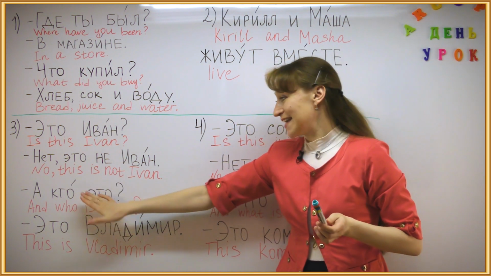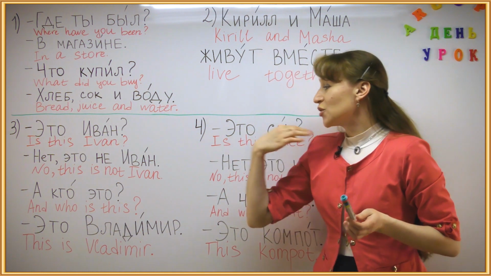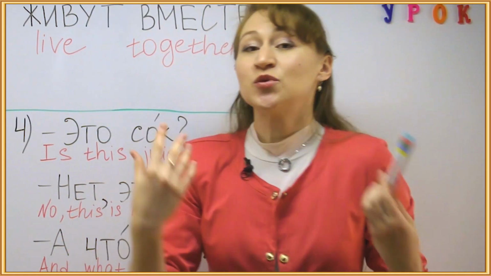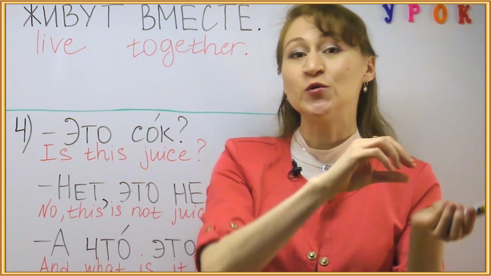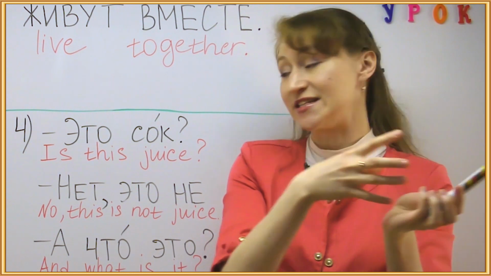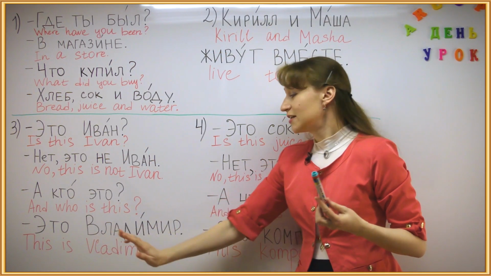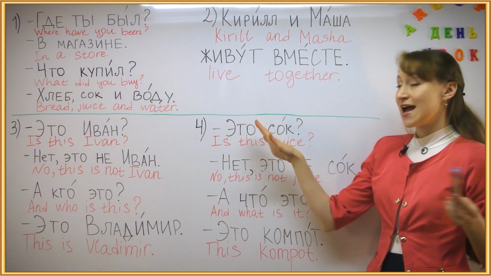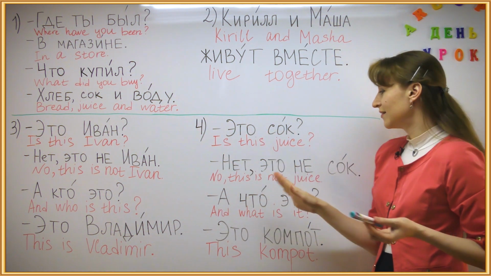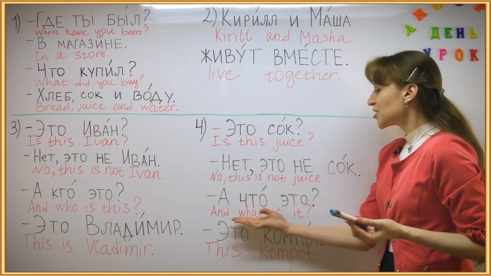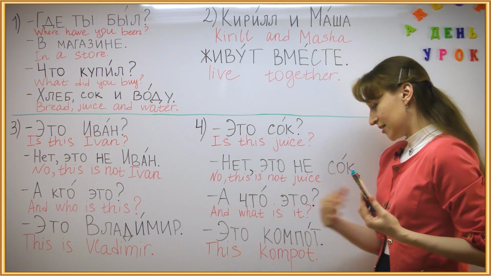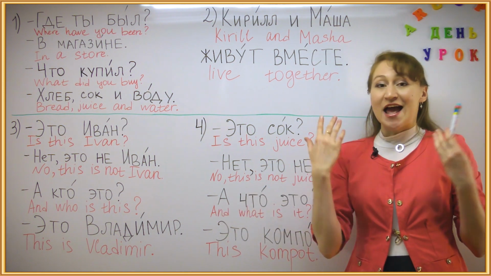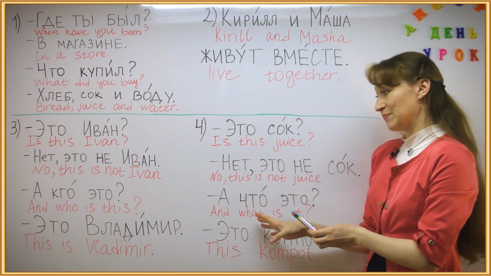That is why he asks, "So, and who is this?" We will not say "и кто это." We will say "а кто это" because we are moving on to a different person, to a different item. Кто это? Это Владимир. Okay? And a similar example. Это сок? Нет. Это не сок. А что это? Это компот. So again, а is used as a bridge to a different item.